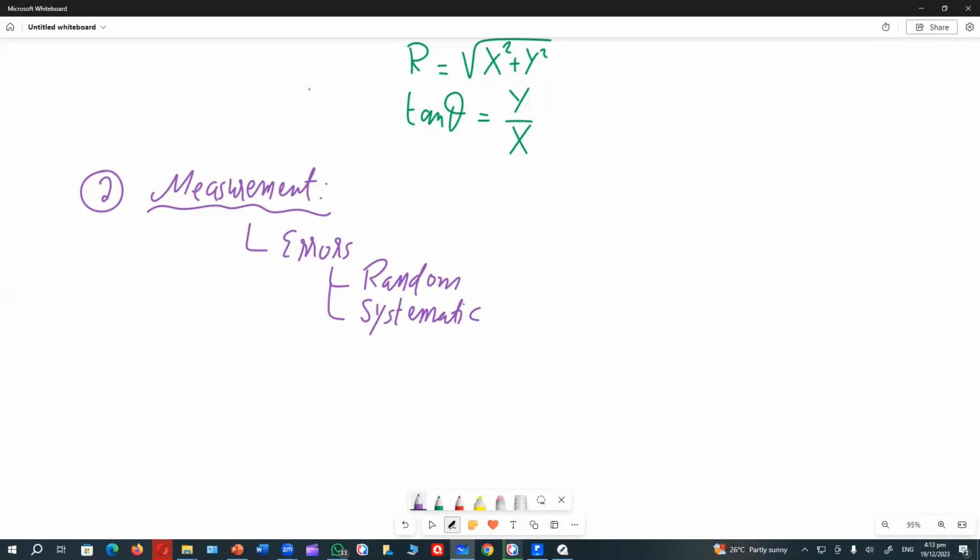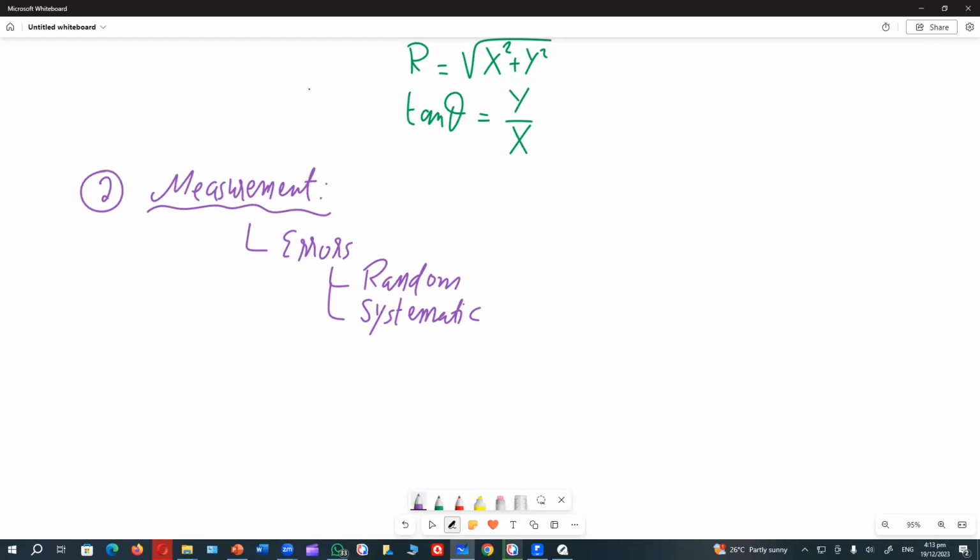There is a difference between the two. Random errors are the errors which are always changing, for example, you have made some calculation error or some unit conversion error. So these are random, where you can get any number. What are systematic errors? They are the errors which are constant in magnitude and direction.